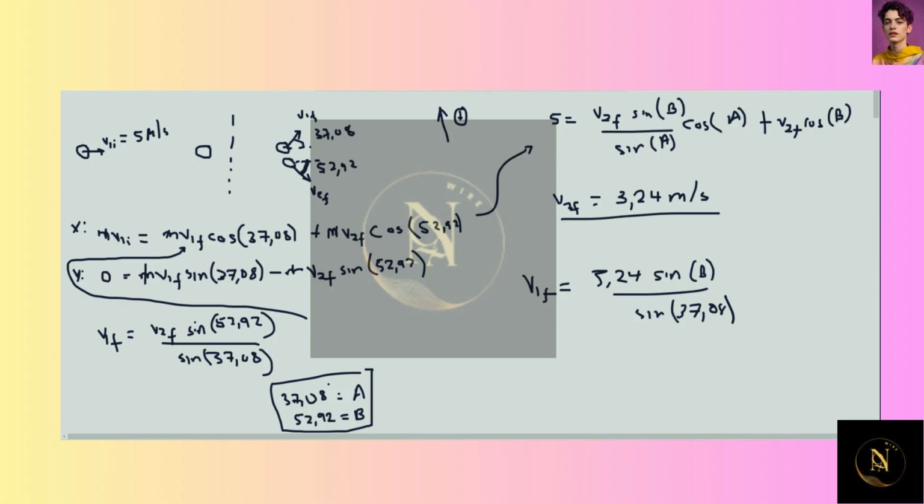Again, it's better to put these angles into the calculator as they are so you don't induce errors from rounding up or down. In this case, you get v1f as around 4.288 meters per second, and that should give you all the velocities in this case.